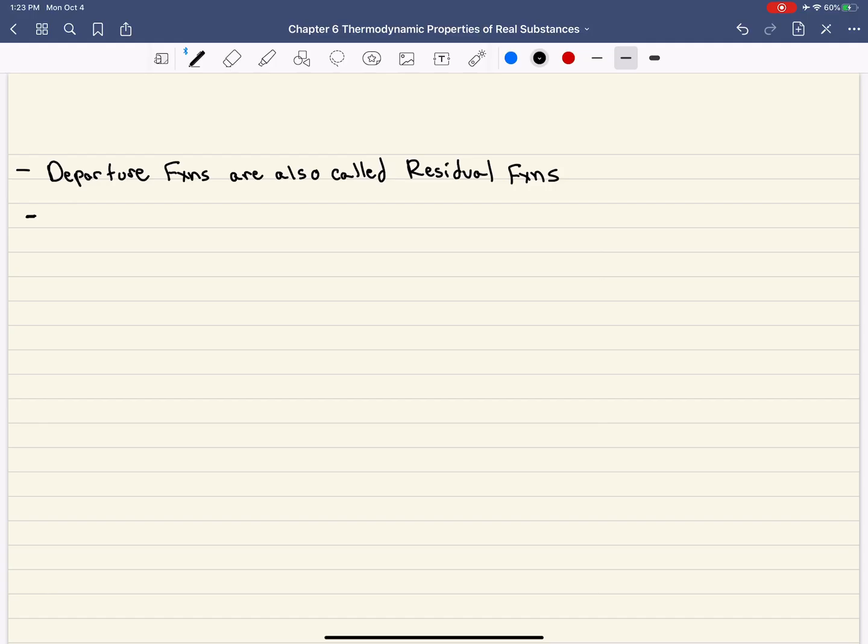And in general, I showed you how we derive the departure function for enthalpy. But if you wanted to, you could derive a departure function for really any intensive property.